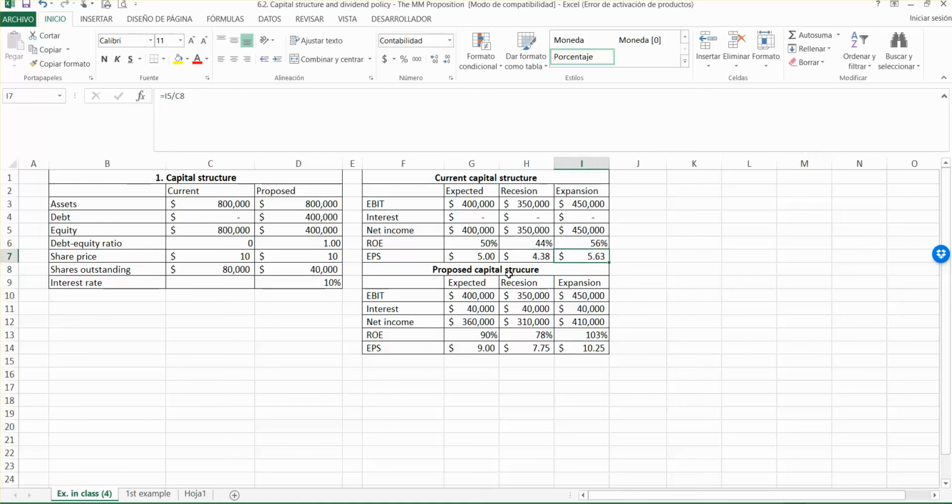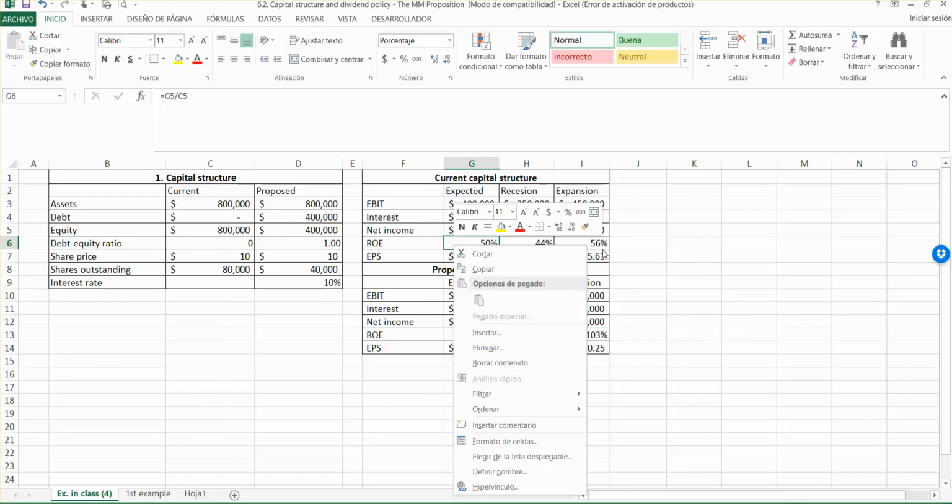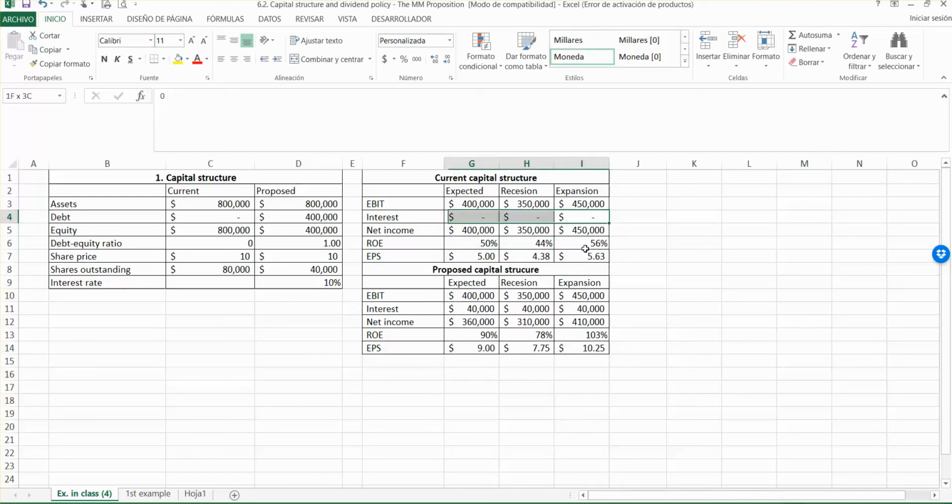But if we analyze the proposed capital structure with debt, we can see that our return on equity will be higher than without leverage, as we explained already. And obviously what is optimal in a structure or a value of a firm is that the debt has to be higher than the equity.